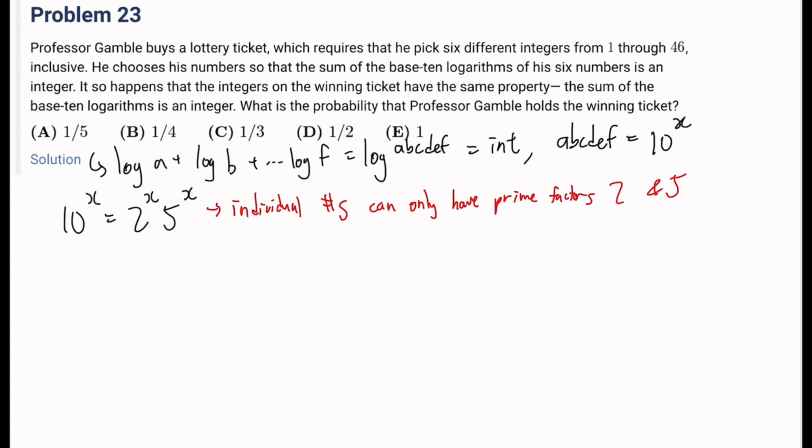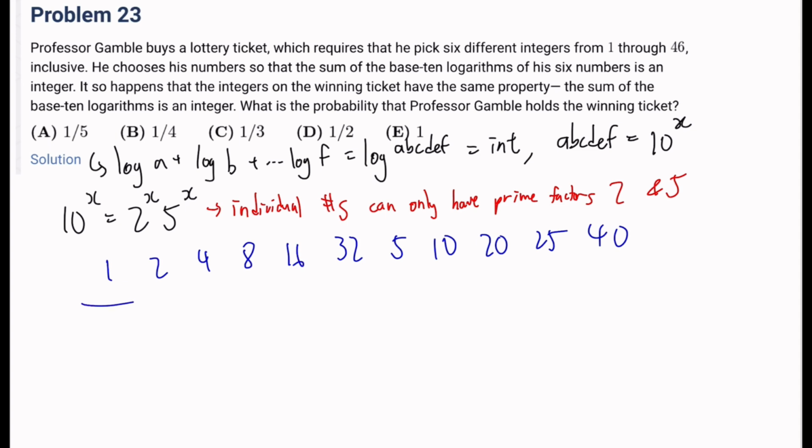The numbers from 1 to 46 with prime factors only 2 and 5 can be 1, 2, 4, 8, 16, 32, or if we have 5 in them, they can be 5, 10, 20, 25, and 40, and that's it.